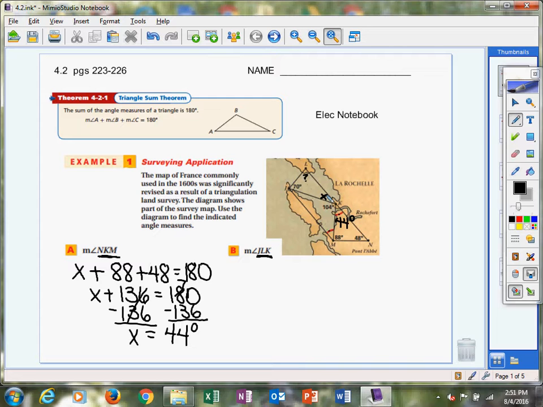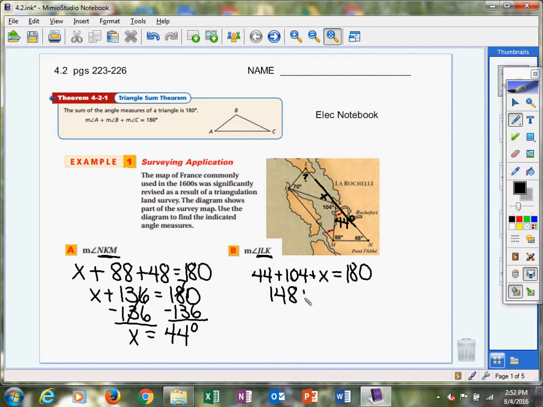I want you to focus on the fact that we have a straight line right there, okay? So that means that 44 degrees, 104 degrees, and that missing angle form a linear pair, form a straight line. And so we can figure out what that missing angle is pretty easily. We can add 44 and 104, and hopefully you get maybe 148.